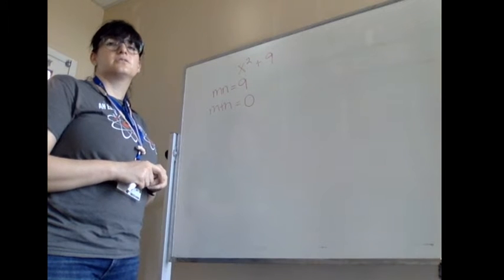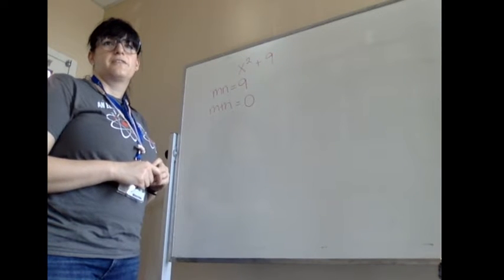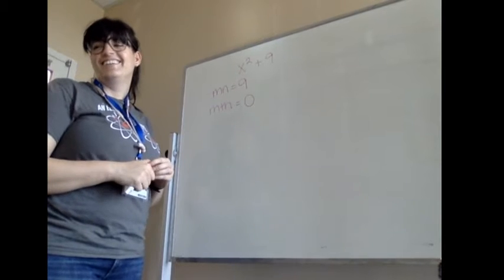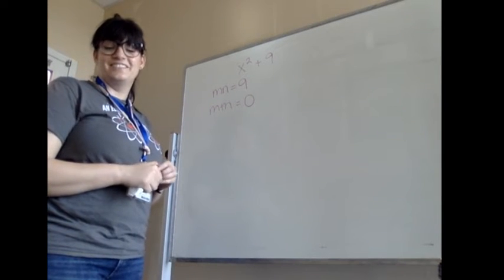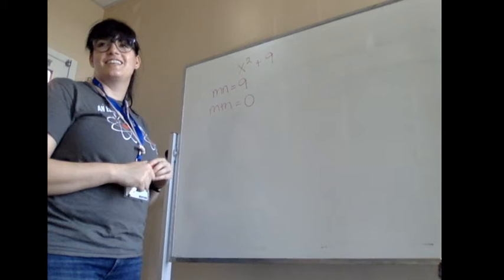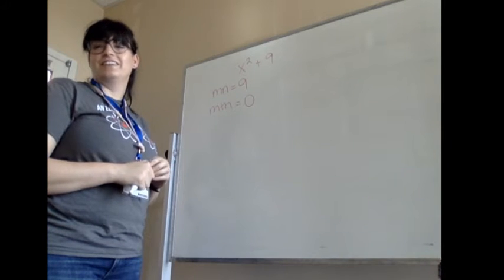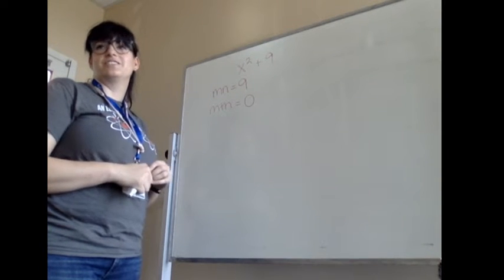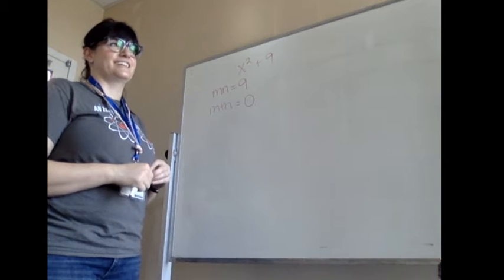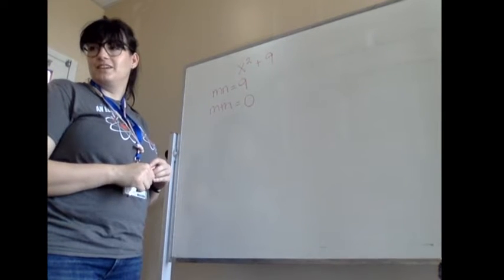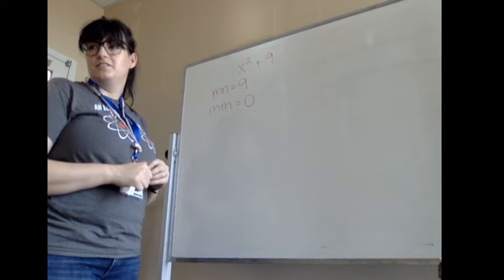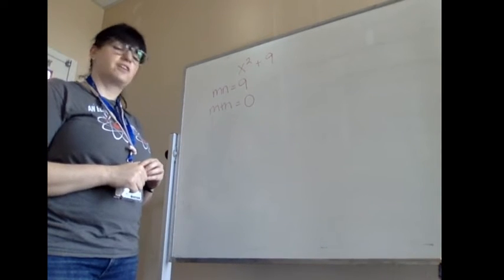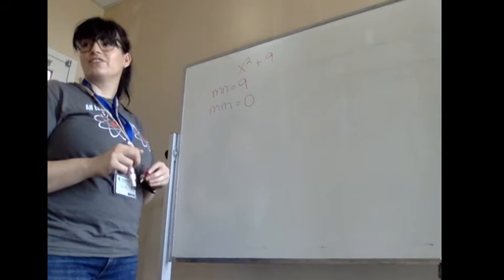This is logical. They both have the same sign, thus they cannot add to 0, unless they're both 0, in which case they cannot multiply to 9. For any value of m or n, there can only be one equation that it'll equal, so it can't equal both of them.